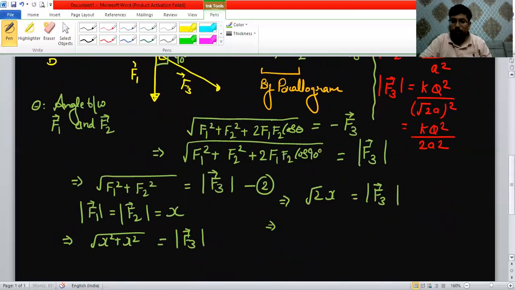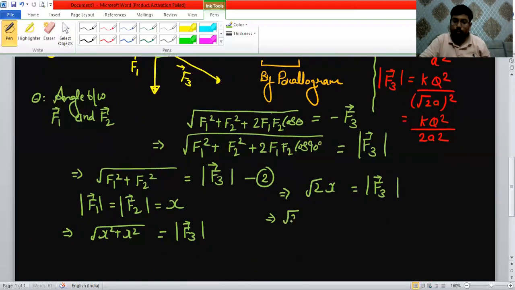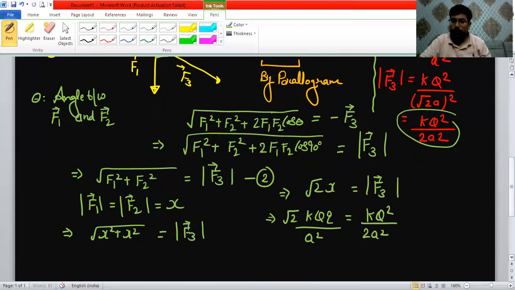So here we can put this value of X: root 2 K capital Q small q divided by A square equals F3 vector magnitude. This F3 vector magnitude is K capital Q square divided by 2 A square.